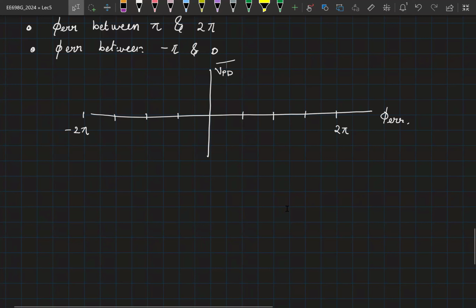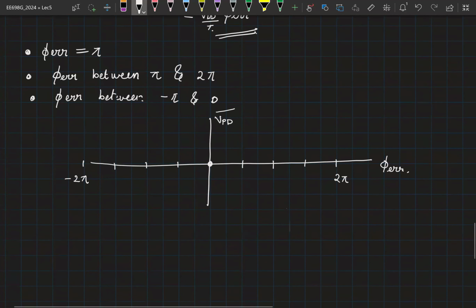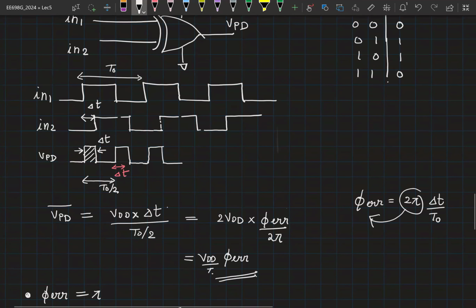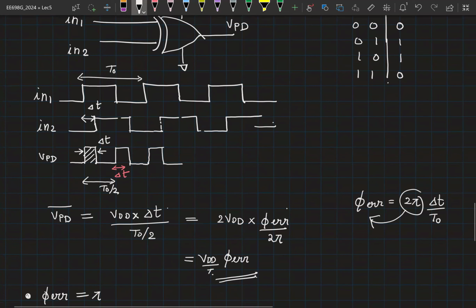0 to pi. Okay. Is that clear? So imagine pulling this in1 signal to this side, right? If the width of these pulses are increasing proportionally, then you know that this relationship is valid, right?